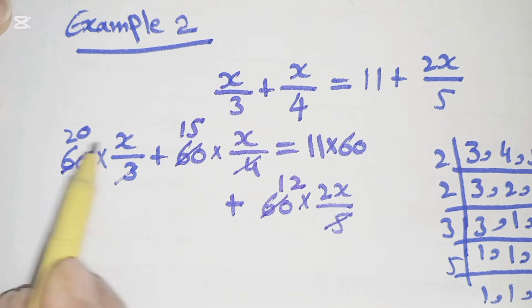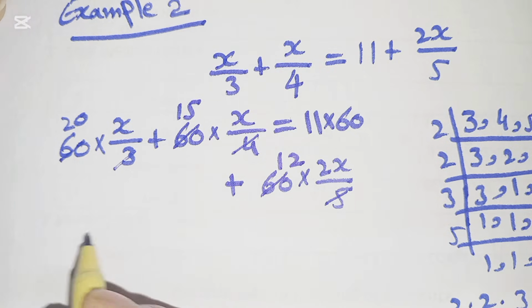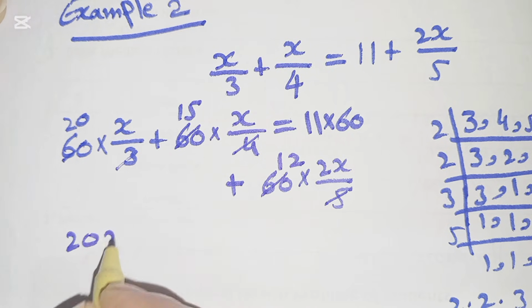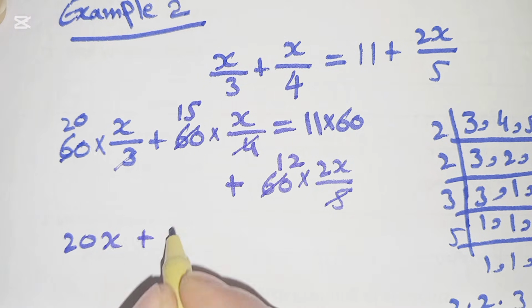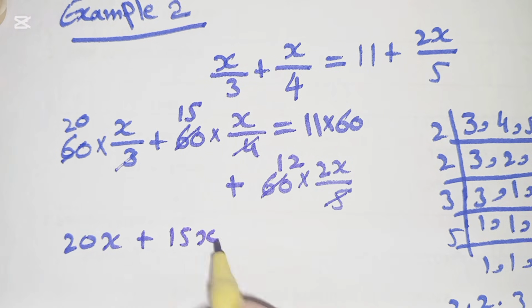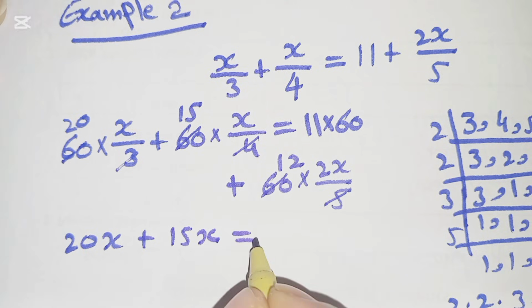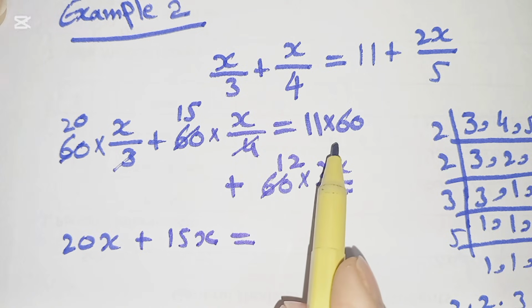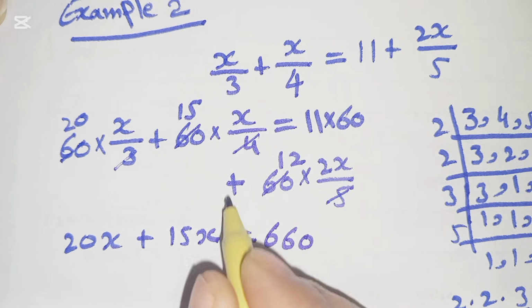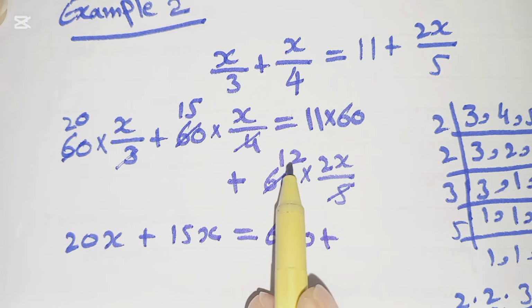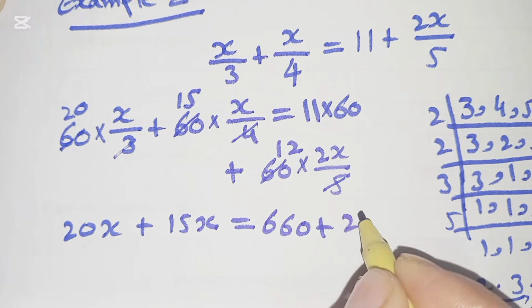And now 20x plus 15x is equal to 11 multiplied by 60, which is 660, and then plus 12 multiplied by 2x, which is equal to 24x.